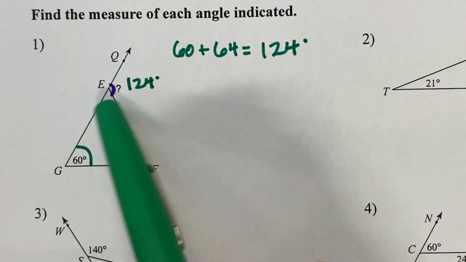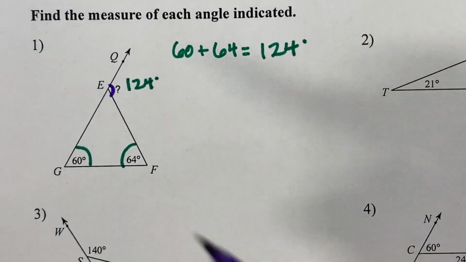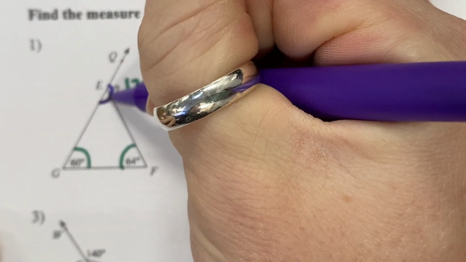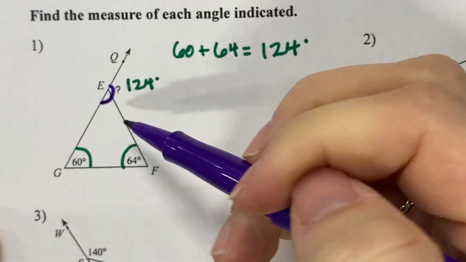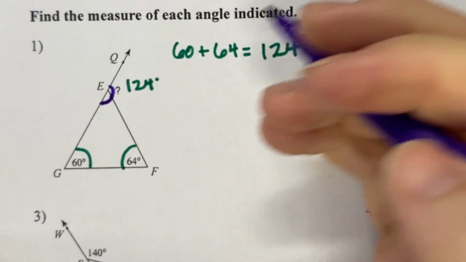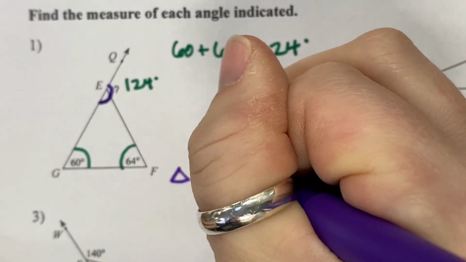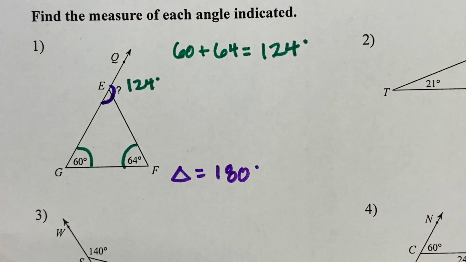If we were to add this purple angle to this third angle right here, remember all three angles of a triangle equal 180. A triangle always equals 180 degrees.